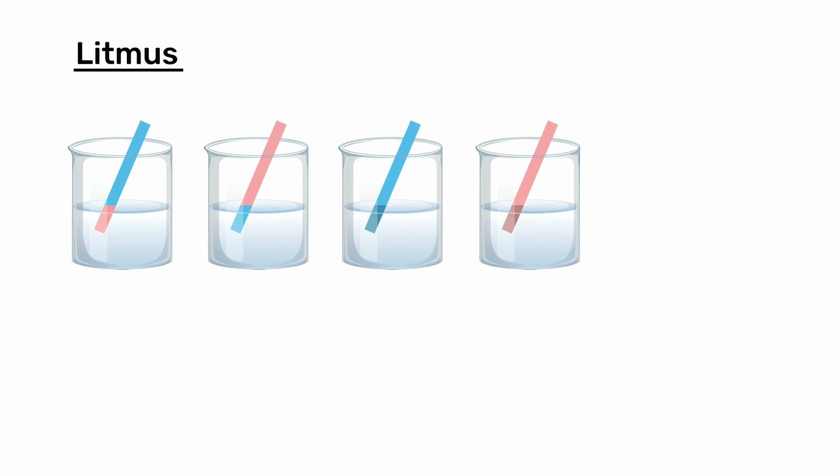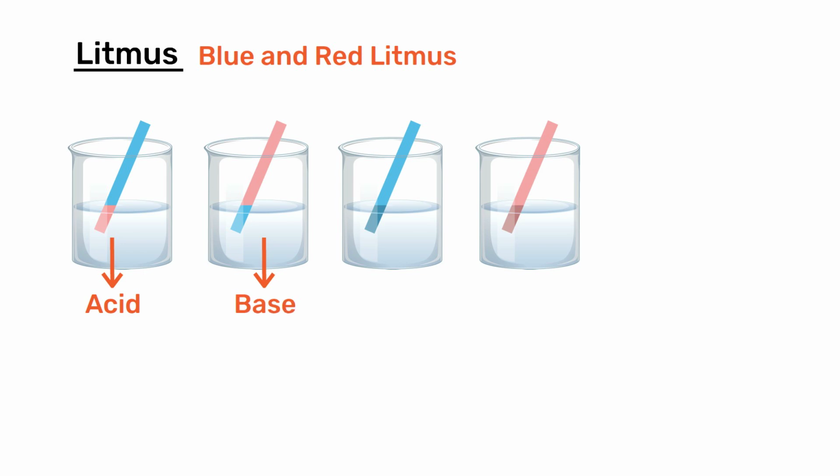You have a blue litmus and red litmus. If you put blue litmus in acid, it will turn red. If you put red litmus in a base, it will turn blue. But if you put blue litmus in a base, it won't change color. And if you put red litmus in acid, it will not change color.